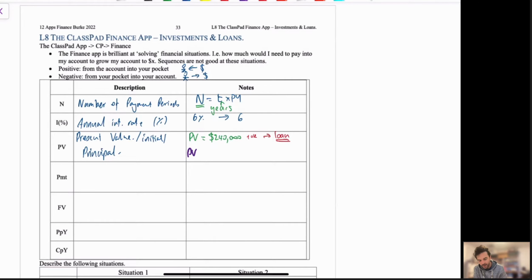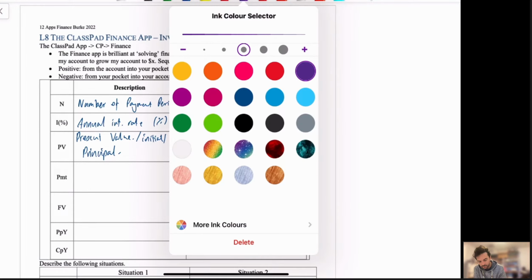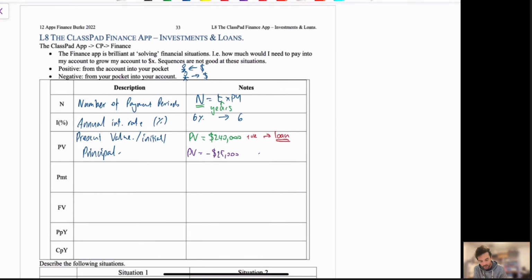What happens if we have a negative value, for instance, negative $25,000? So if we have negative $25,000, that there is negative. And so what kind of account would this be? It will be an investment, as money is leaving your wallet and going into an investment account.